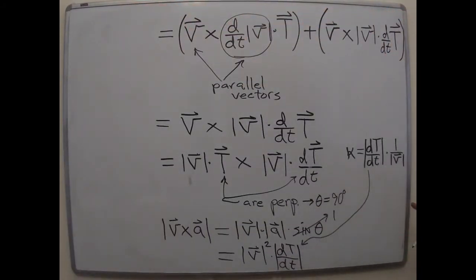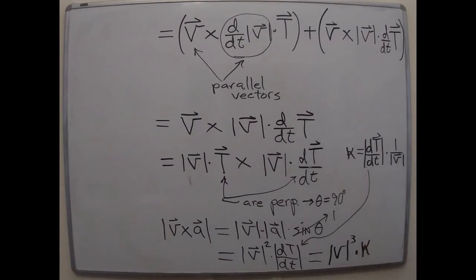I had a brain failure and had to go back and look it up, but we had previously seen kappa could be written as the length of dT times 1 over v, which means, solving for it, the length of the tangent vector's derivative with respect to time is going to be the speed times kappa. So this whole expression is the length of the velocity vector, that's the speed, cubed times kappa.